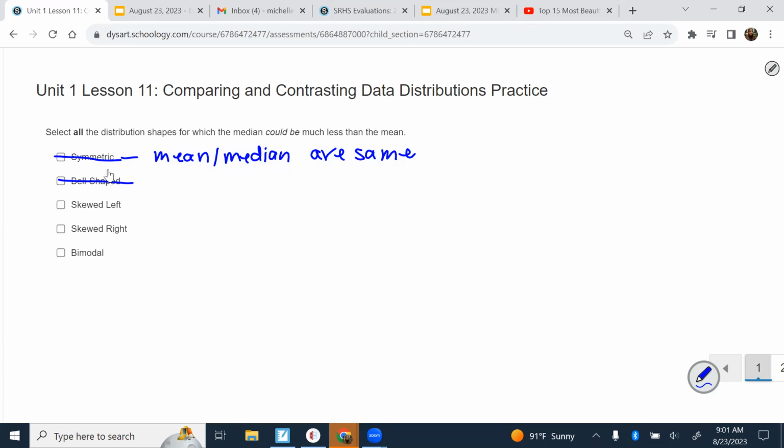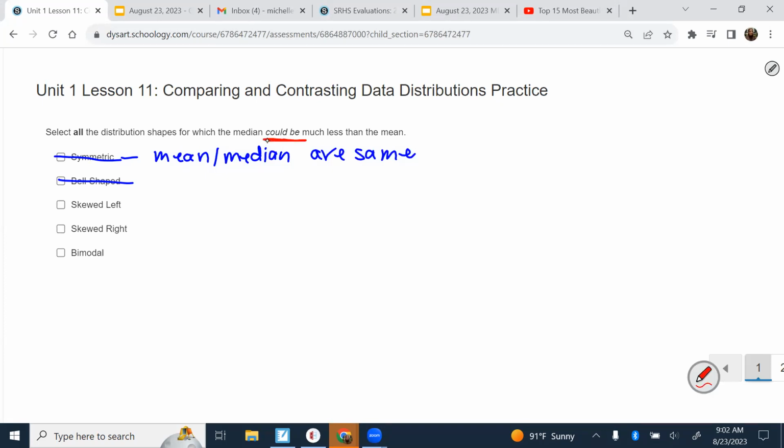What other ones should we exclude? So bimodal is symmetric, however, that is one of the correct answers. Why, I don't really know, but I checked the answer in the book. It did say that for bimodal, you could expect the median to be much less than the mean.